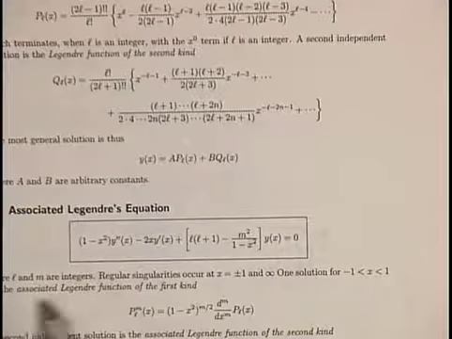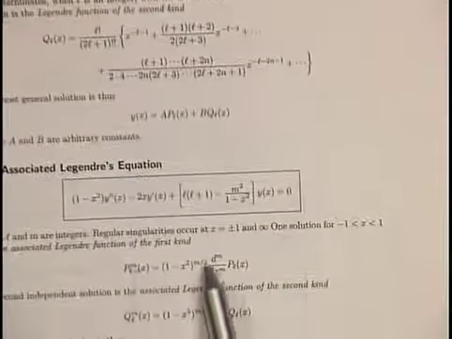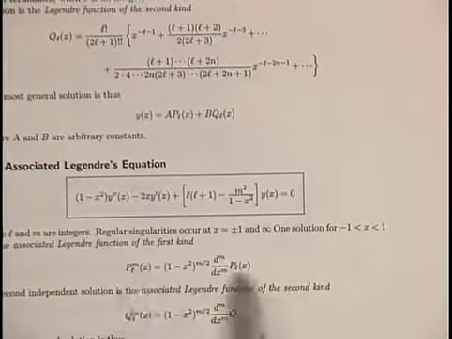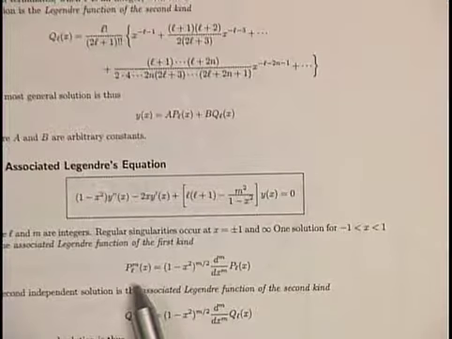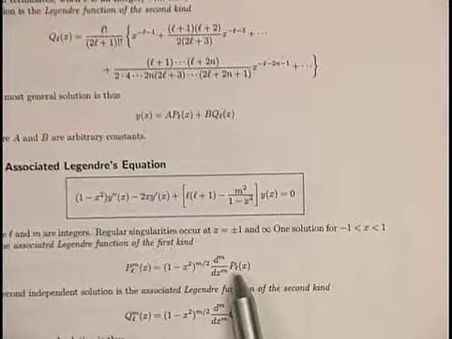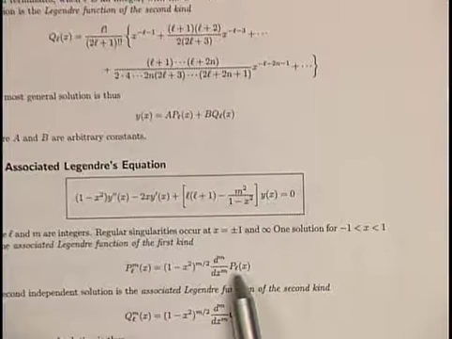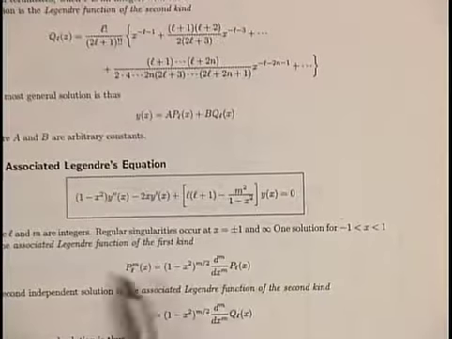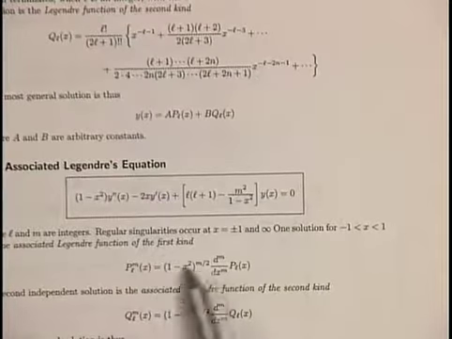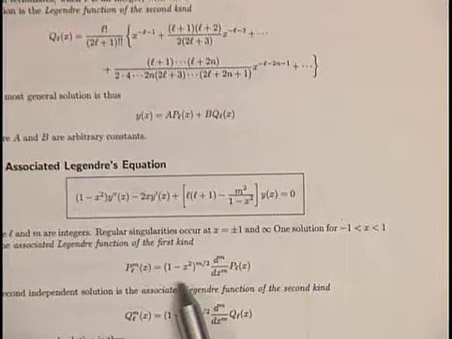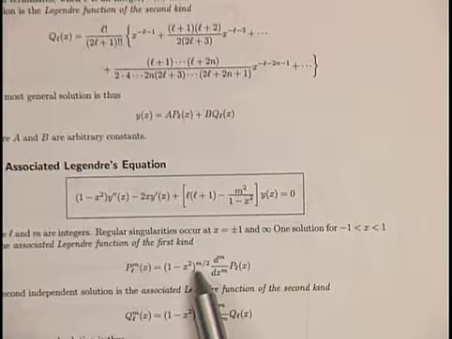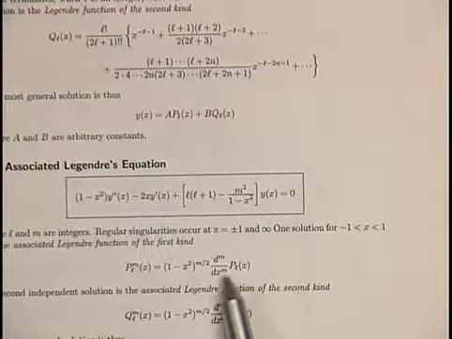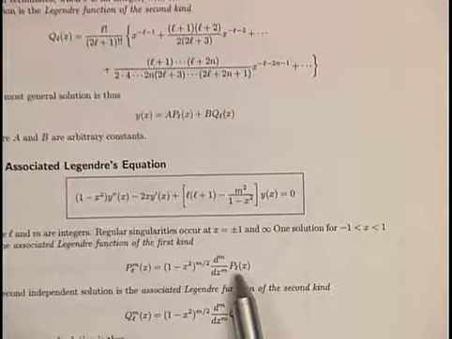Again, we will have the associated Legendre function of the first kind, which is given by this formula here, which is the mth derivative of the Legendre function. So the associated Legendre function is some function raised to the power of m over 2 multiplied by the mth derivative of the original Legendre function, as you see it here.